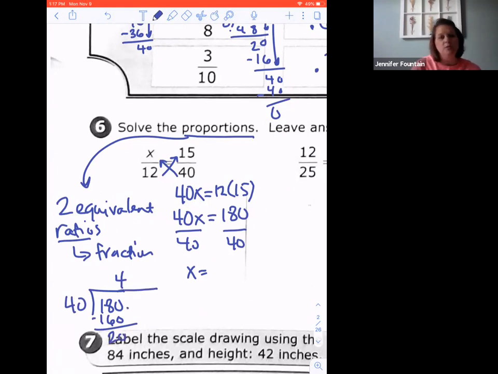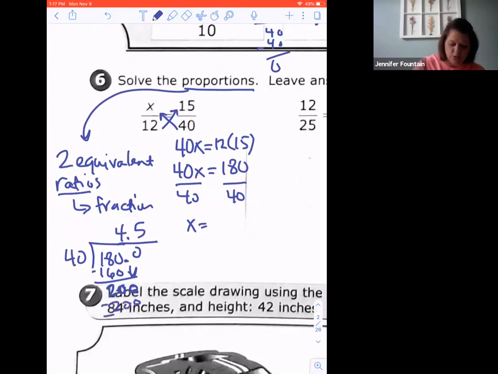Now, remember, to be able to keep going, I've got to add a decimal and a 0, and then I can bring my 0 down. So now I have 200. So 40 will go into 200. I put my decimal in my answer. It'll go 5 times, and 5 times 40 is 200. So x is equal to 4.5.